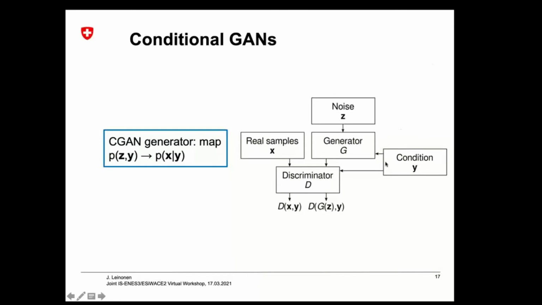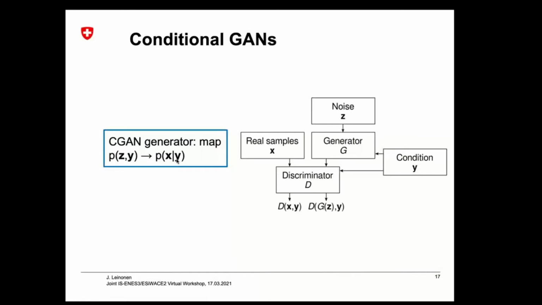We add this condition, which is passed to both the generator and the discriminator. And then we are instead learning this map from the distribution of the noise and the condition to the conditional distribution of the sample conditional to this condition variable that we're passing.